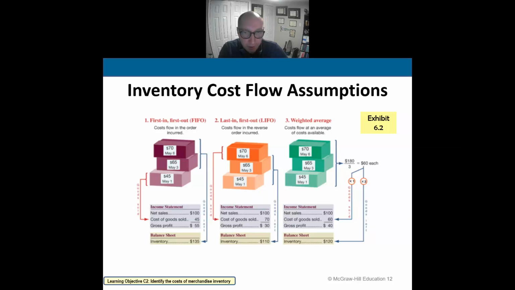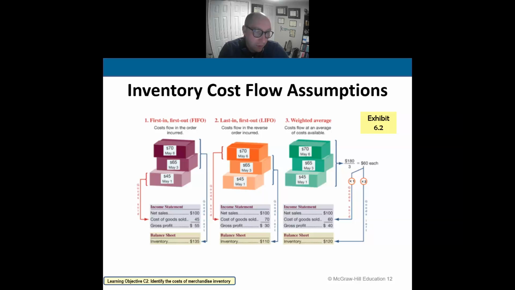I ordered a second pair of shoes May 3. Third pair of shoes May 6. I'm going to identify which inventory cost system I want to use by trying out all three different types. Figure out which one is best for my shoe business.